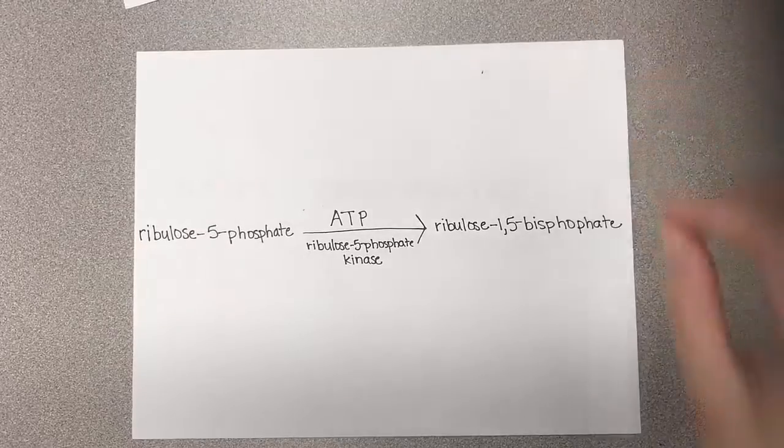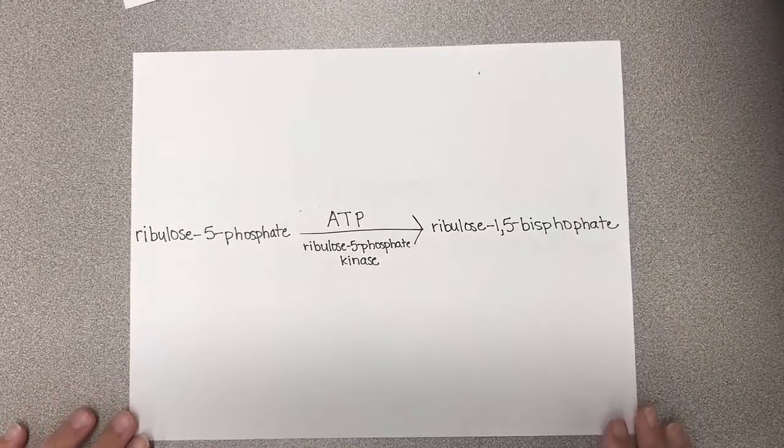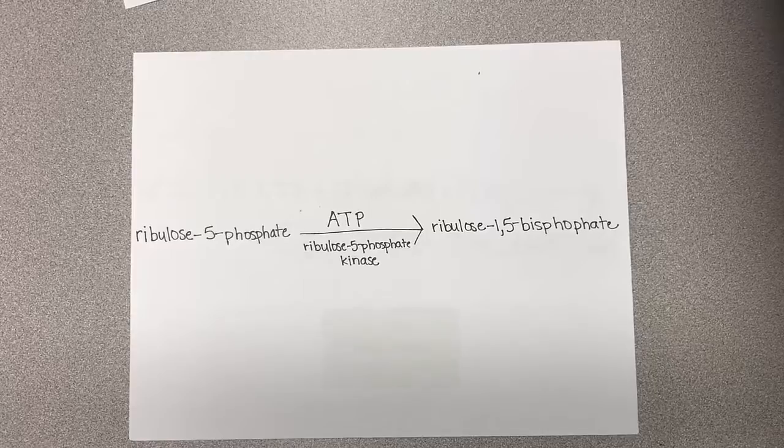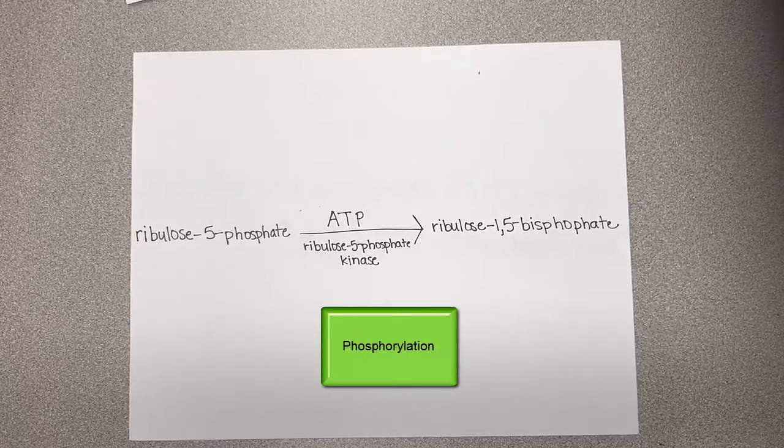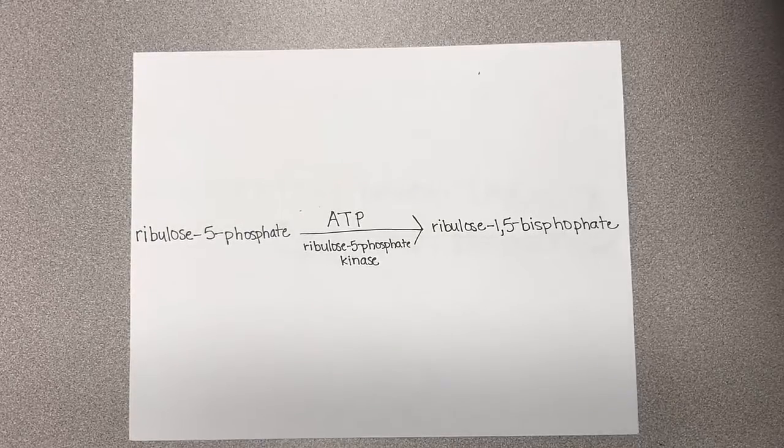In the final step of regeneration, ribulose 5-phosphate undergoes phosphorylation catalyzed by the enzyme ribulose 5-phosphate kinase with the inclusion of ATP to form ribulose 1,5-bisphosphate to complete the regeneration.